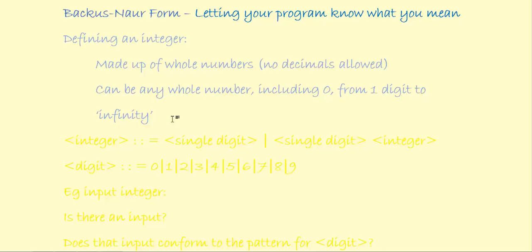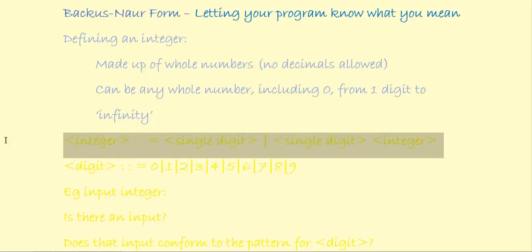But in this case, let's work on the basis that any number from 1 to infinity, including 0. So we've defined basically what an integer is. It's a whole number, no decimal points, and it can comprise 1 digit, i.e. 0 or 1 or 2, up to any number of digits, for example 19617852.